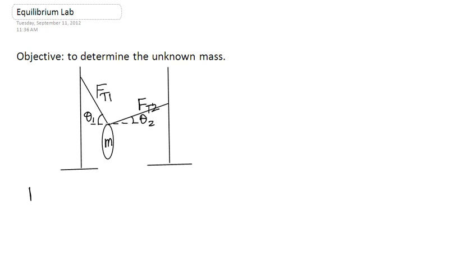Now to solve this problem, we need to start with a free body diagram of all the forces acting on the knot. So there is a weight force acting on the knot, and that weight force is key to finding the mass, because weight is equal to the mass of the object times the acceleration due to gravity that we derived in class.